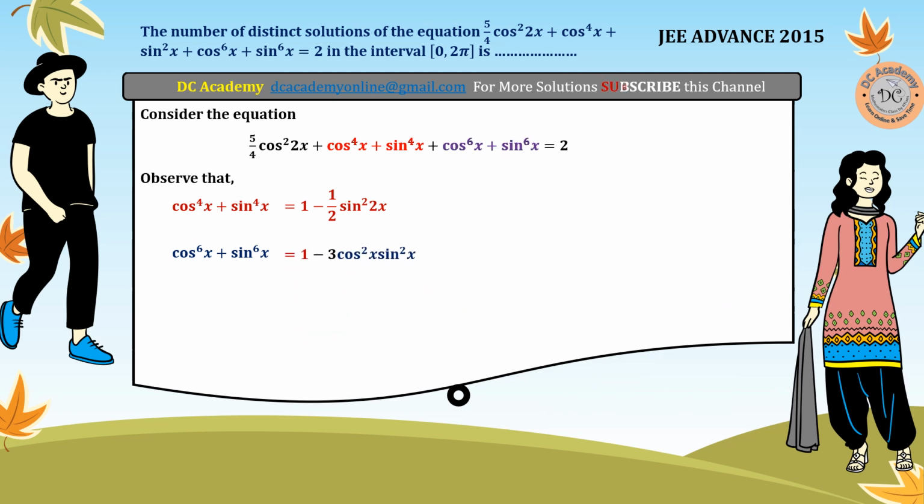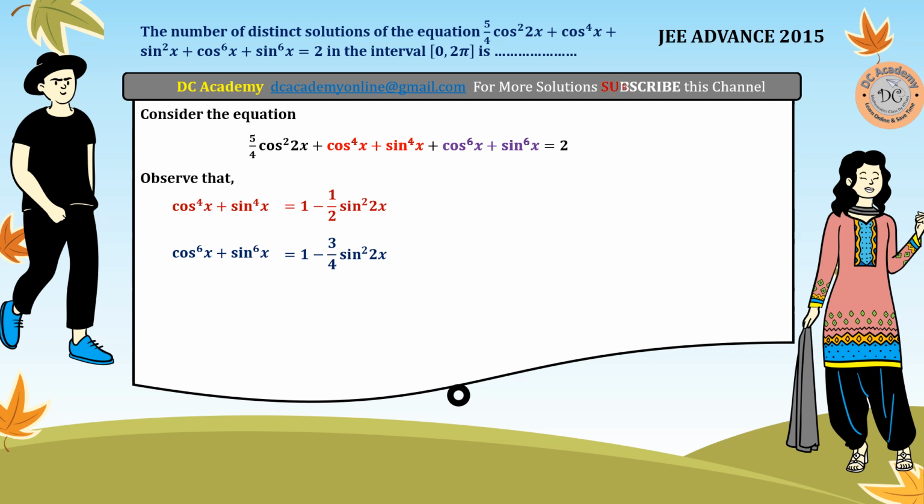As we did already, 3 cos square x sine square x can be replaced by 3 by 4 into (2 sine x cos x) whole square. If we recall the identity of sine 2x, it can be written as 1 minus 3 by 4 sine square 2x. So the two expressions, cos 4x plus sine 4x and cos 6x plus sine 6x, are both rewritten in the form of sine 2x. Also, cos square 2x can easily be written as 1 minus sine square 2x. Let's go ahead.